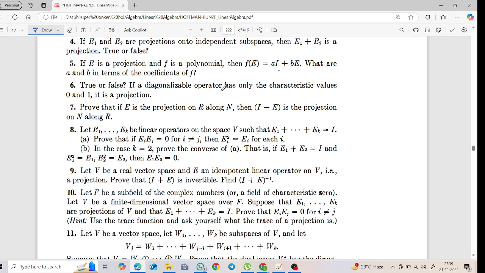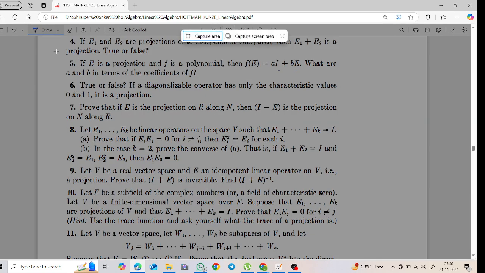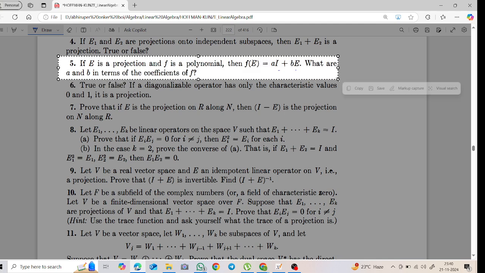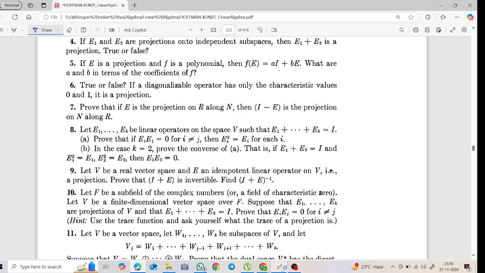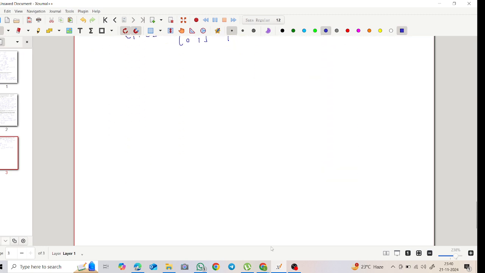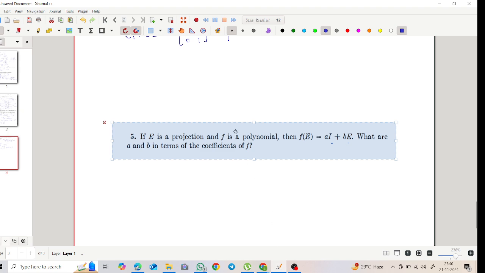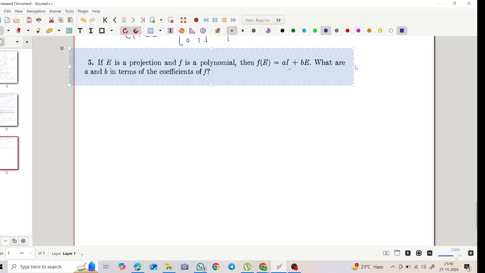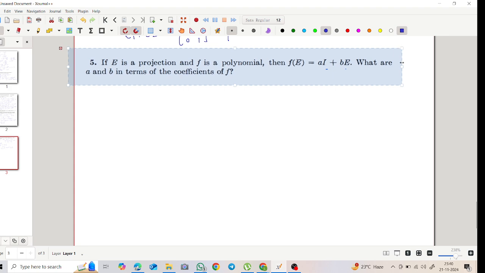What are the terms, E and B, in terms of the coefficients of F? Again, try for 2, 3 minutes.